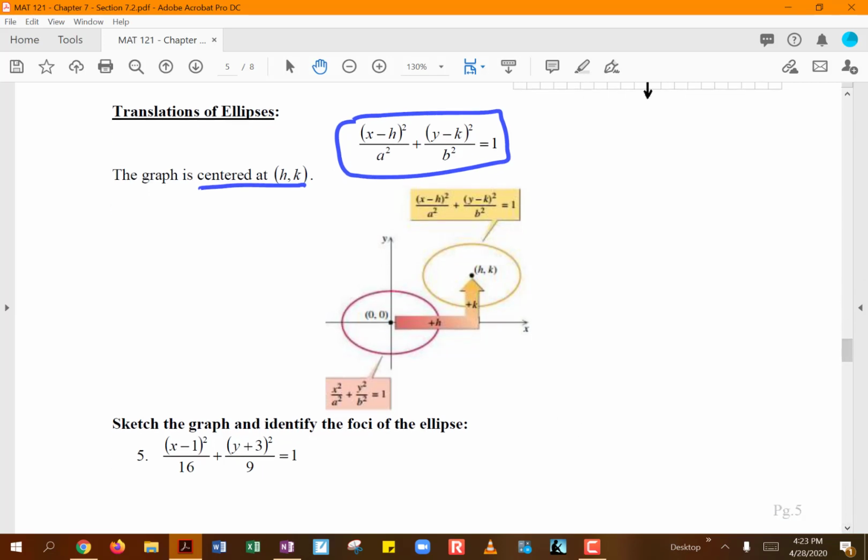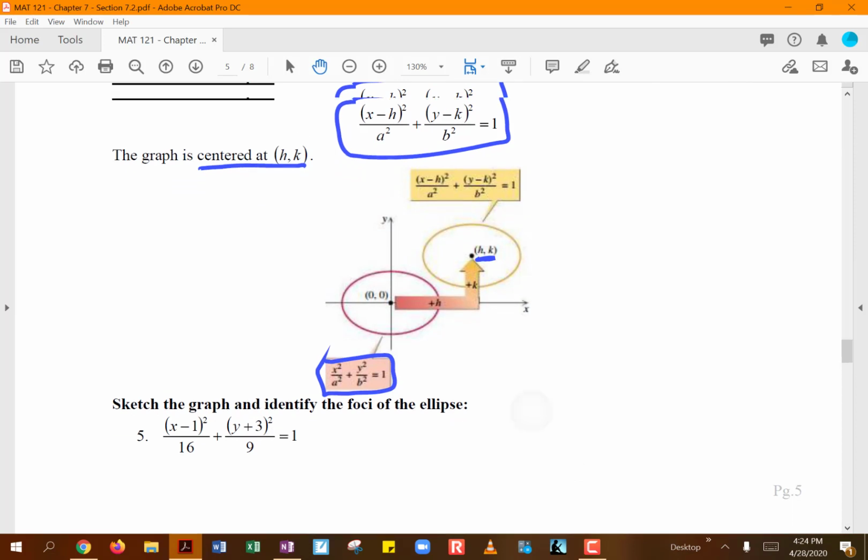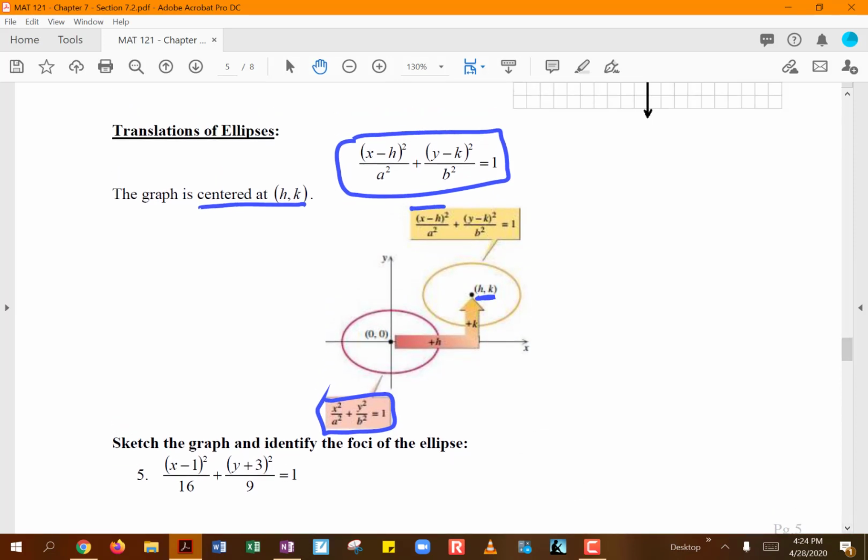So instead of your ellipse being at (0, 0), you can now see it will move h units to the right and k units up to be at this new center of (h, k). So this is our original equation when the graph is centered at (0, 0). And you can see the only thing that changes is we end up doing x minus h and y minus k in our numerators with the squares on them.